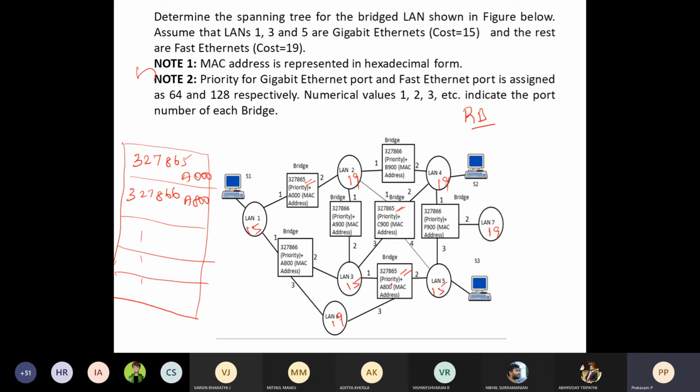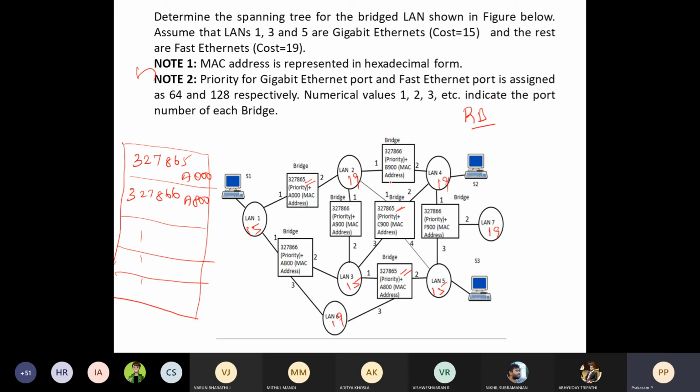Among these three bridges, only one can be the root bridge, because the remaining are 32786 6. So these three with 32786 5 are the lowest in terms of priority.